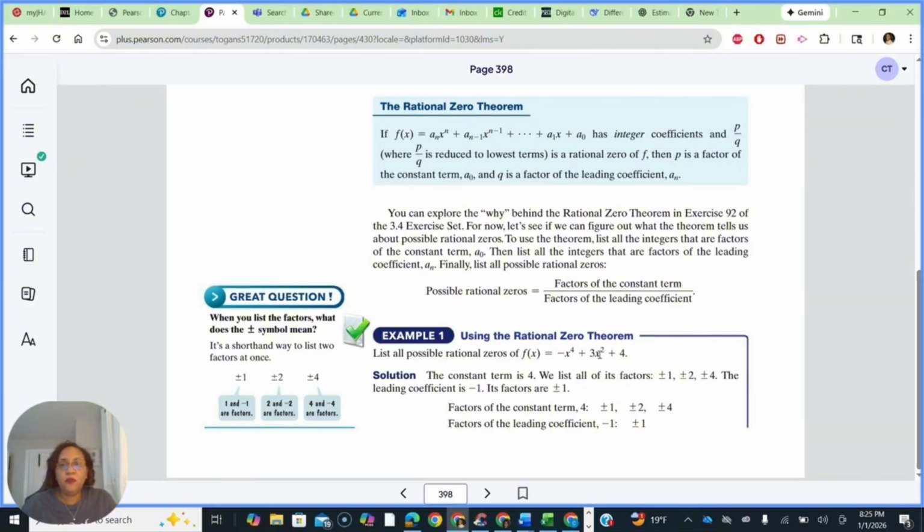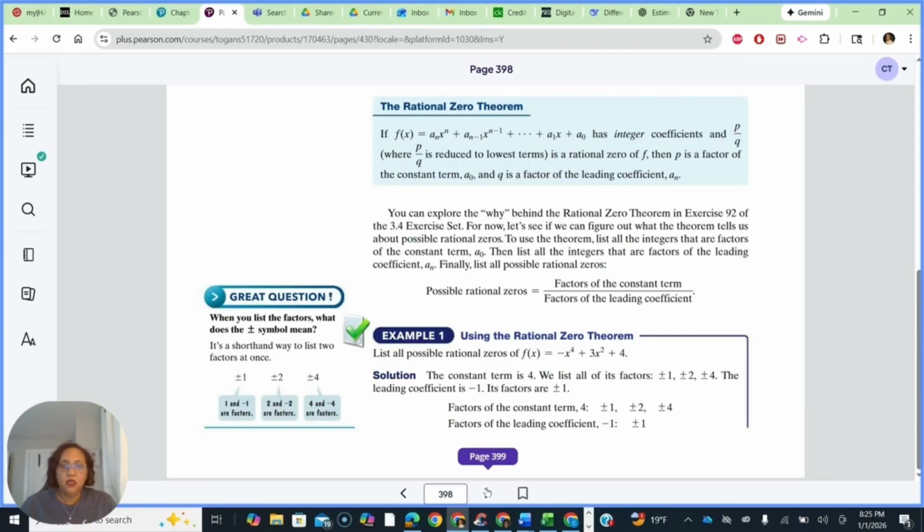So whatever polynomial you are given, you are going to list the constant term, and you're going to list all of the factors of the constant and of the leading coefficient.